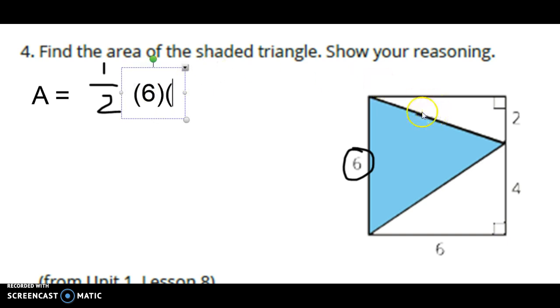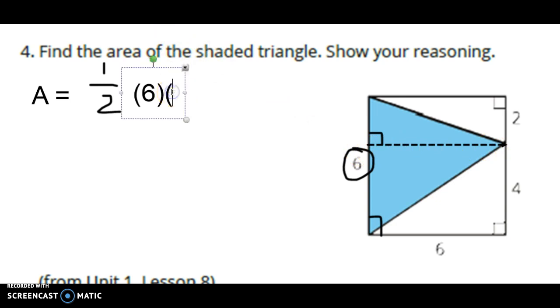Now I just have to figure out, well, what is my height? My height line needs to be at a right angle and go the whole height of my triangle, like this. But they don't give me that line. They do give me a line that's identical to that. So looking at my measurements that I have, I see this side of my square 6 is at a right angle right here to my base and goes the whole length of the triangle.